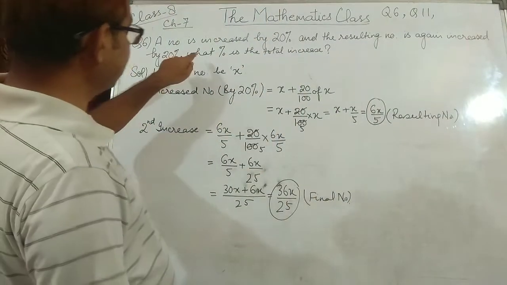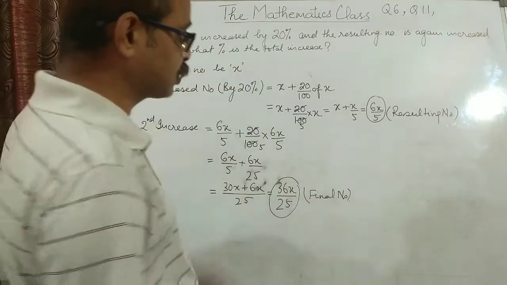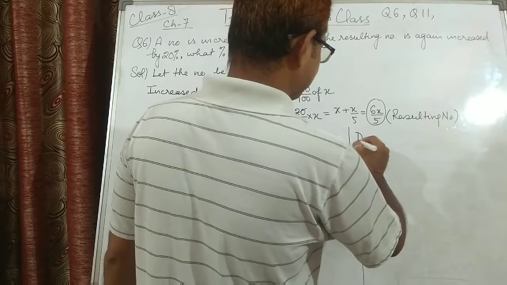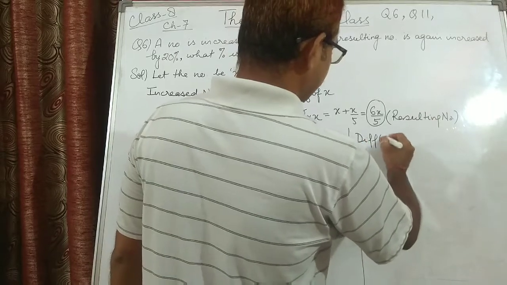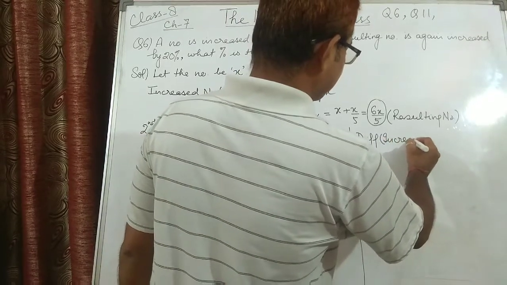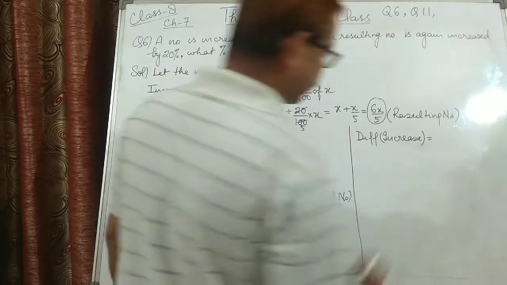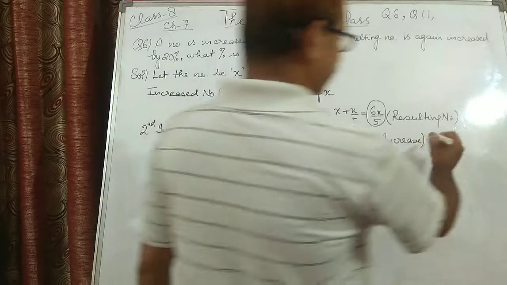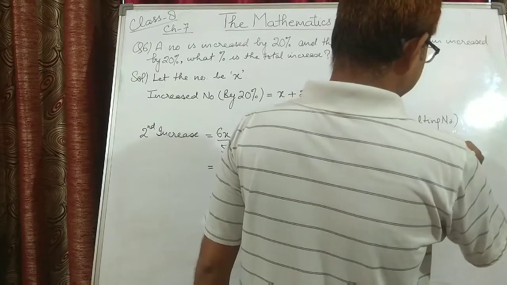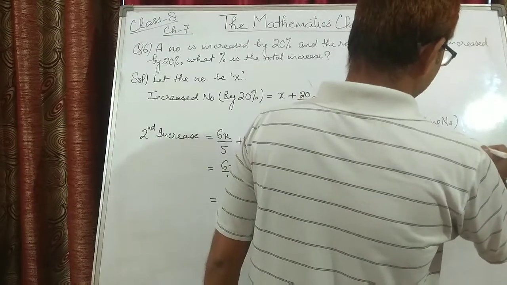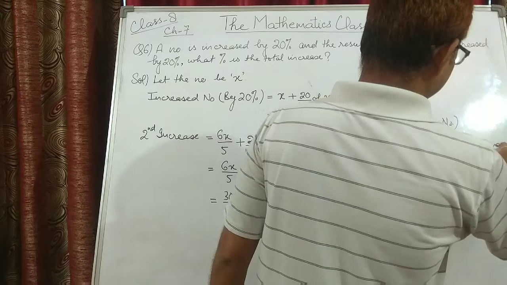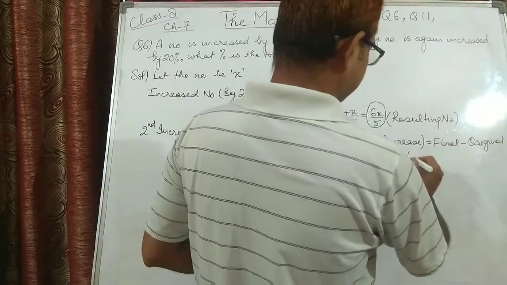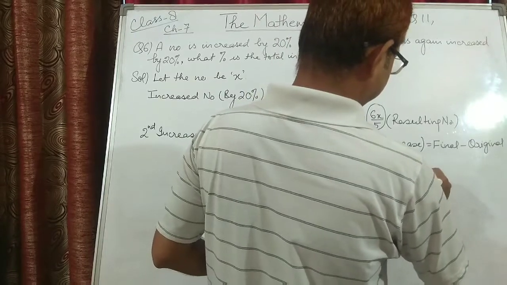Now they say what percentage is the total increase. So you will find out the difference, or you can say increase. Increase means final number minus original number. So the final number is how much? 36x upon 25.